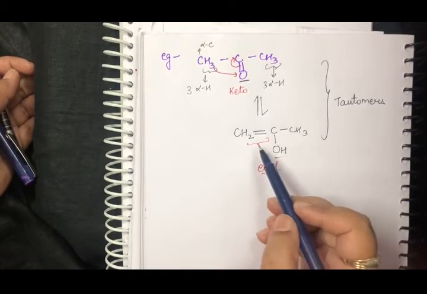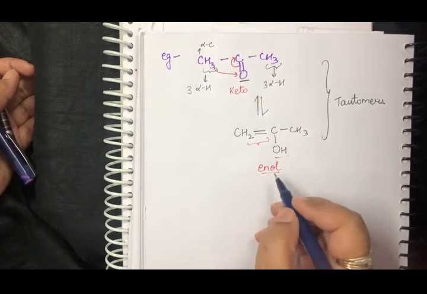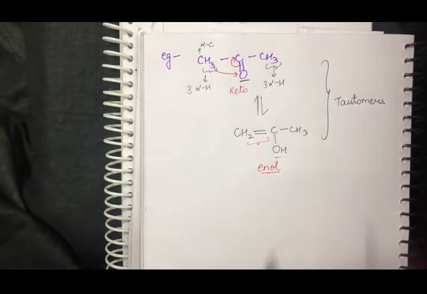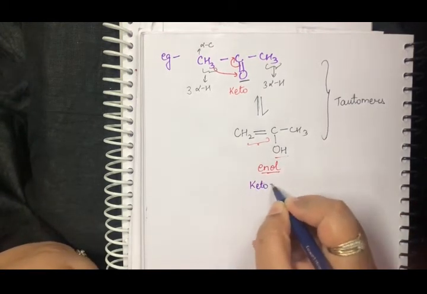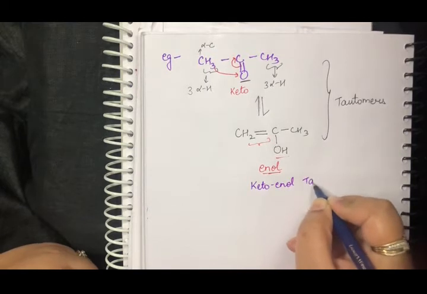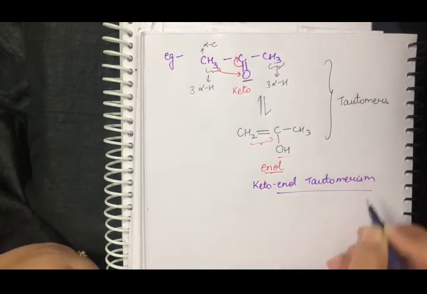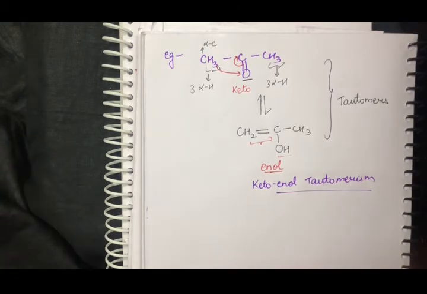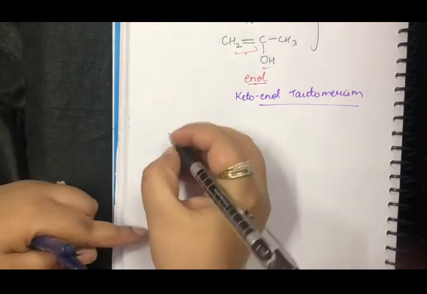A compound which has both a double bond and the hydroxyl group attached to the same carbon is called an enol. So we also call this entire isomerism keto-enol tautomerism.